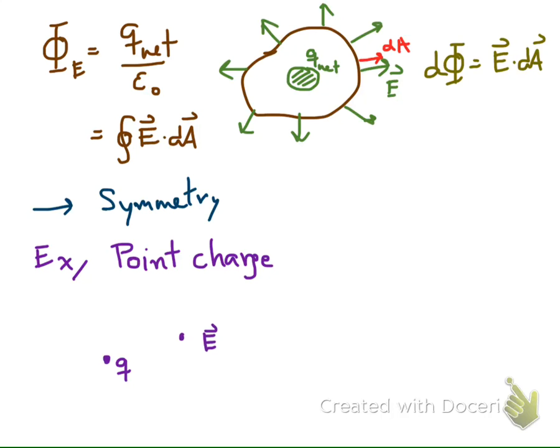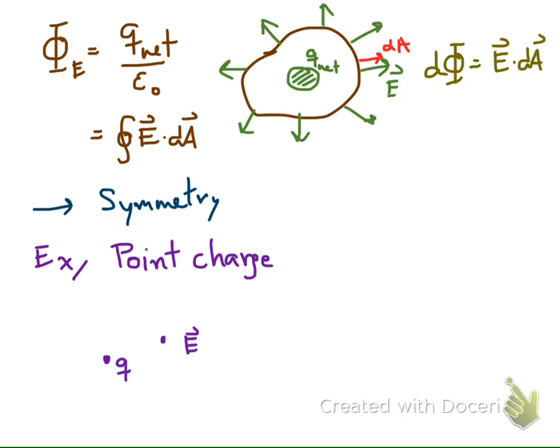We can use Coulomb's law to do this. But first, let us pretend that we don't know Coulomb's law, but we know Gauss' law. How can we calculate the electric field here?